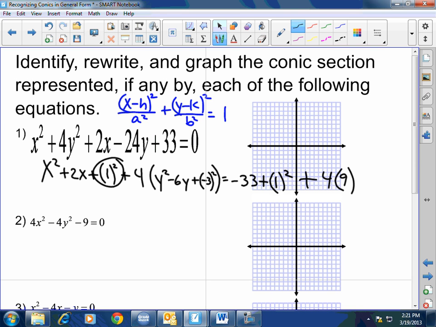So now I have x plus 1 squared plus 4 times y minus 3 squared equals 4.